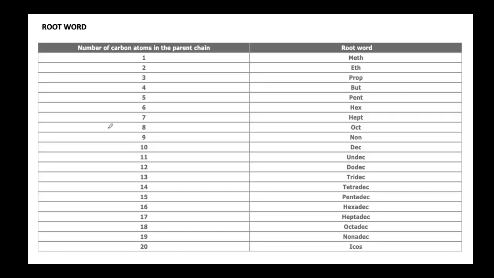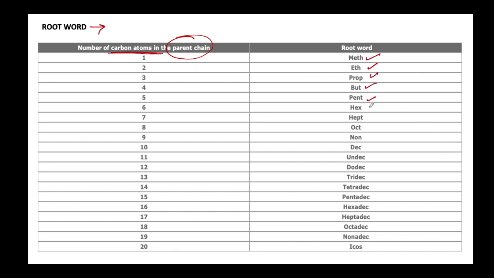Now we move onwards, guys, and we see the root word table, because this, I told you, is going to consider the maximum number of carbon atoms. So the number of carbon atoms in the parent chain, if it is 1, you have the root word meth. If it is 2, eth, prop, but, and so on as the number increases.